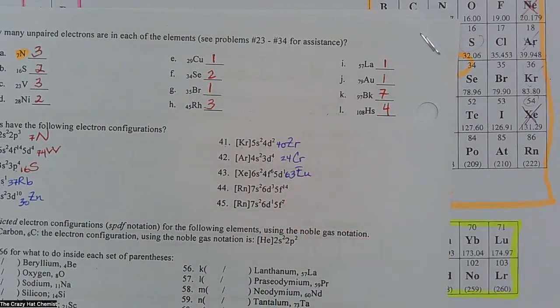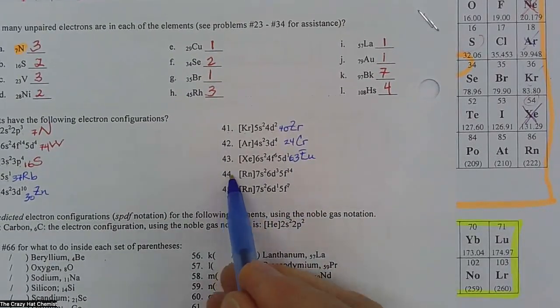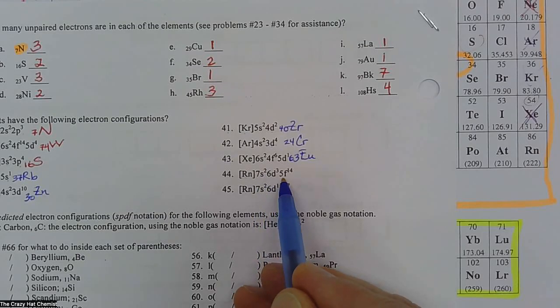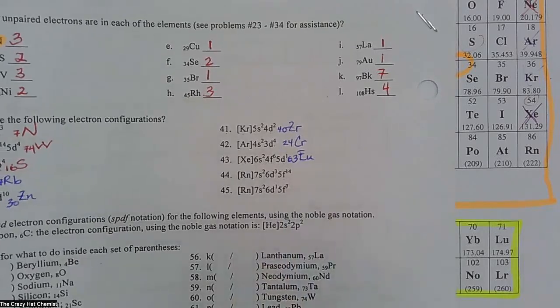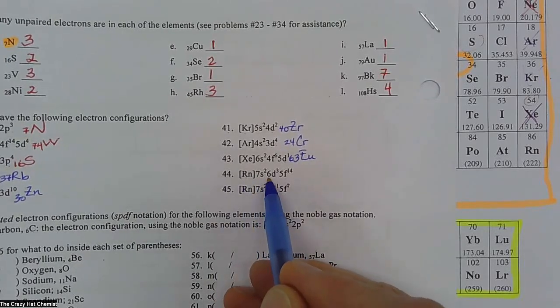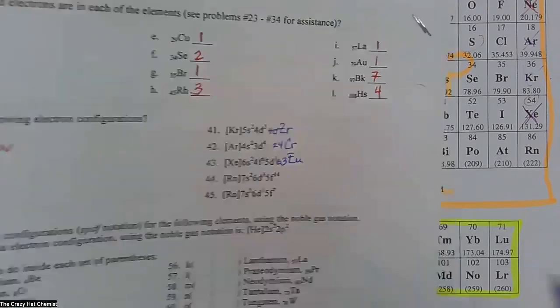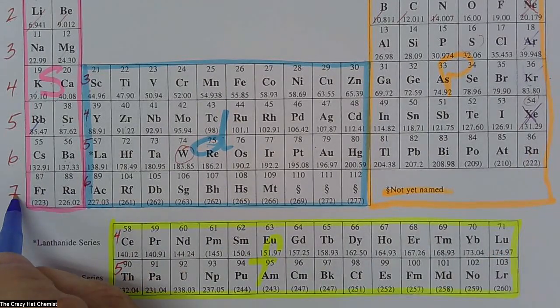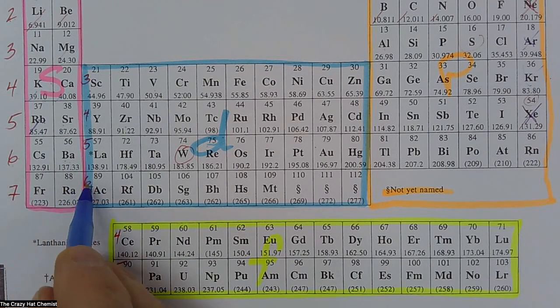Perfect. All right, the next one here is going to be number 44. That's radon, 7s2, 6d3, and 5f14. So that's radon, 7s, 1, 2, 6d1.